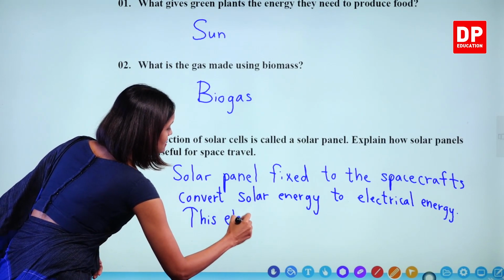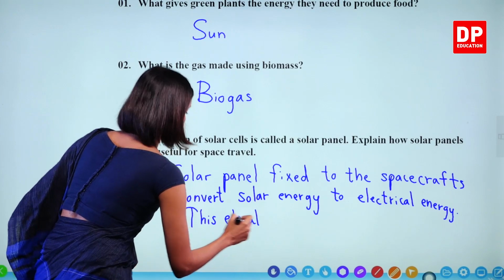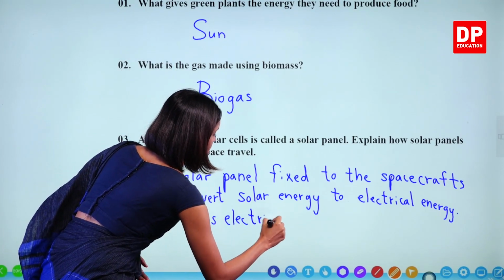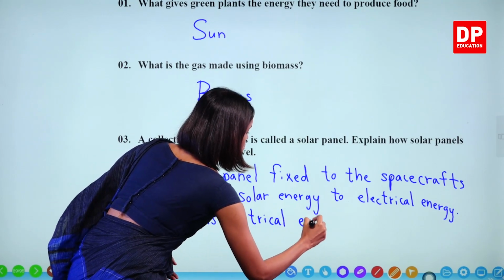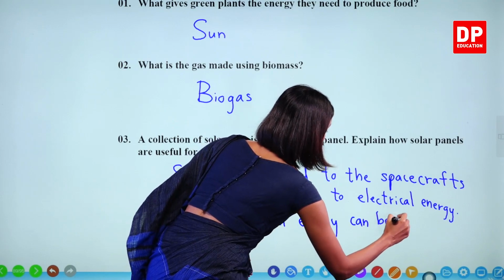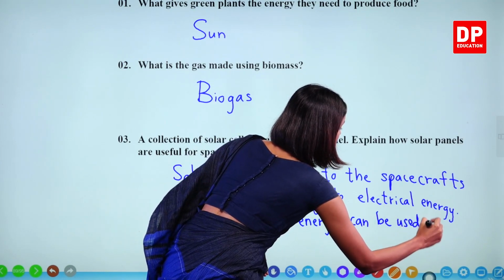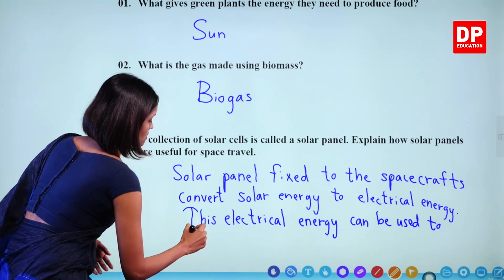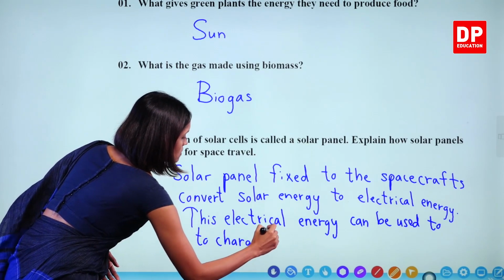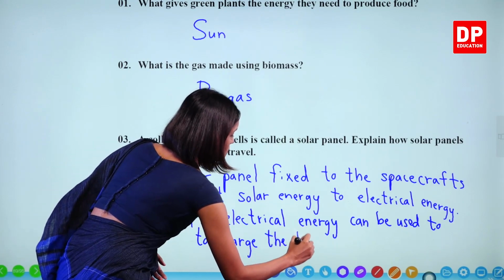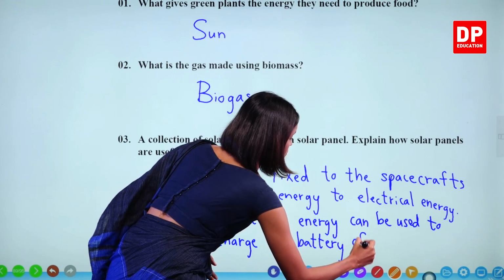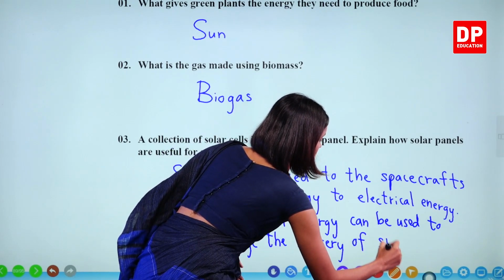This electrical energy can be used to charge the battery of spacecrafts.